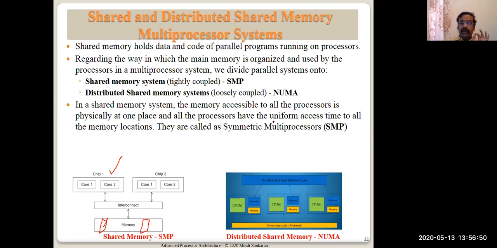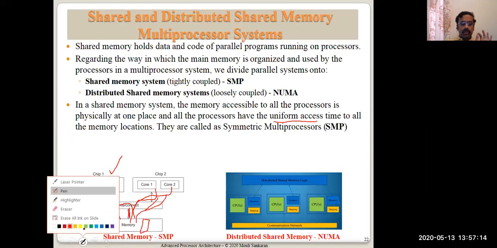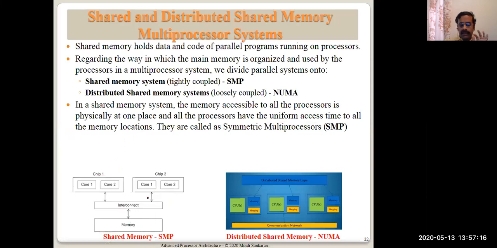It depends on whether any other processor is accessing it or not. Suppose this processor wants to access the memory, it has to use the same physical bus. If there is already a transaction going on, it has to wait. So it will take more time. It depends on who has come first. But physically, they are all equidistant from the memory. So remember that.